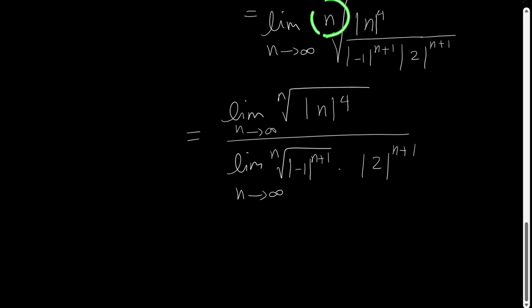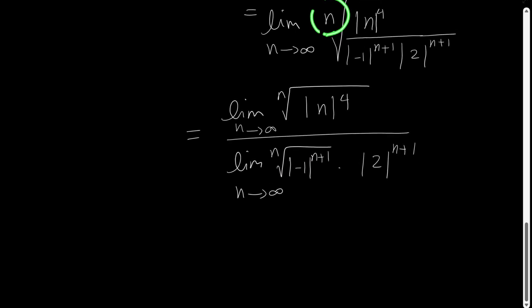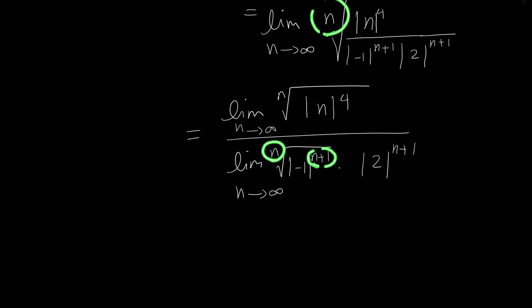Okay, and now just because the exponent here is n plus 1 and I have root n, allow me to rewrite n plus 1 as multiplication of two terms. I want you to see all the steps.